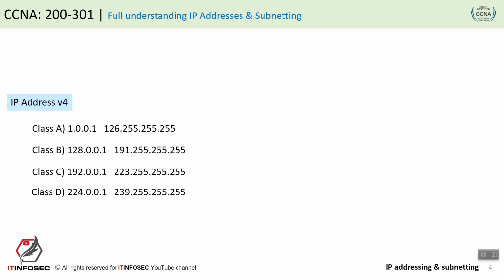You can select class A, class B, class C, or any other. But this is the very important thing: you can select the IP addressing class for your network based on your preference, your idea, or the IP addressing and subnetting you may want to use.